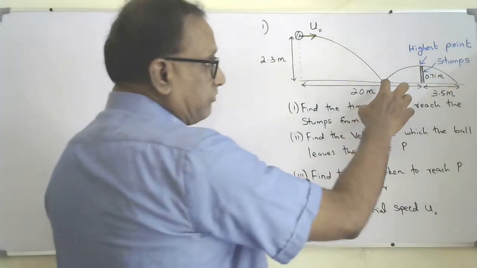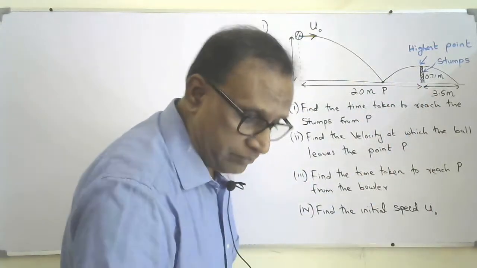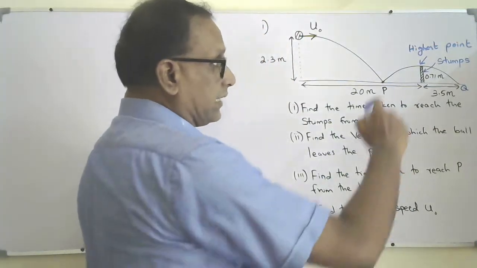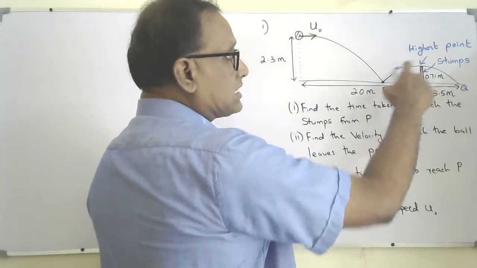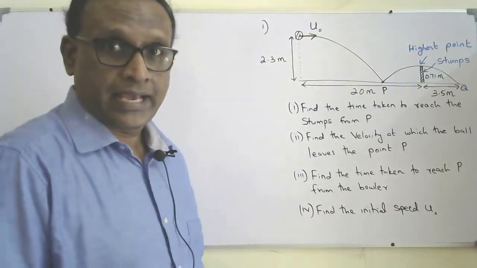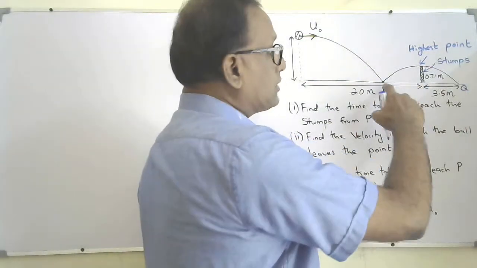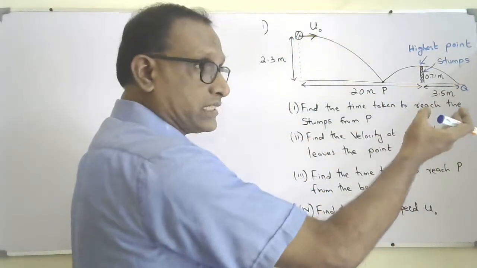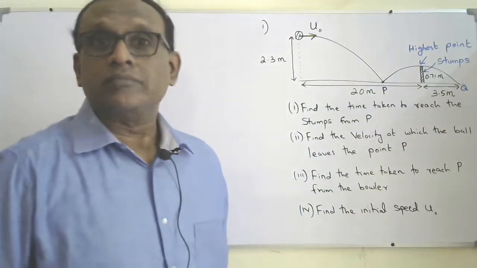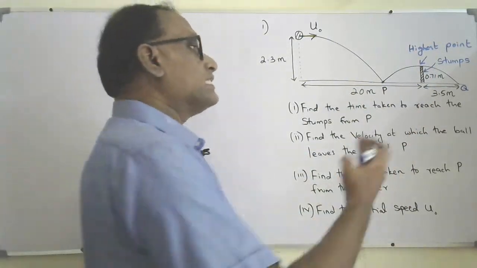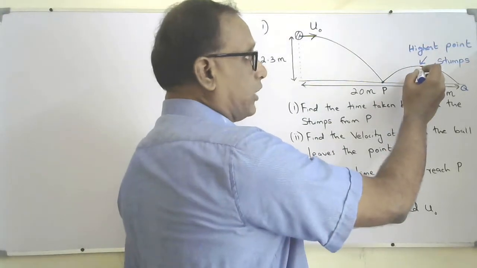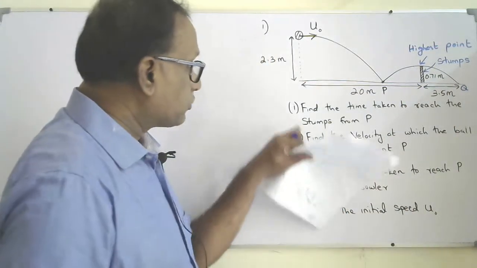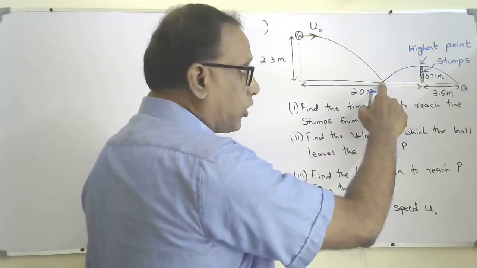If the initial point P and this point Q, which I name, are along the same horizontal line, then the time taken to reach the highest point from P will be the same as the time taken to reach Q from the highest point, because the motion is symmetrical on the left side and the right side of the stumps. So the time taken to reach the highest point from P will be the same as the time taken to reach Q from the stumps.